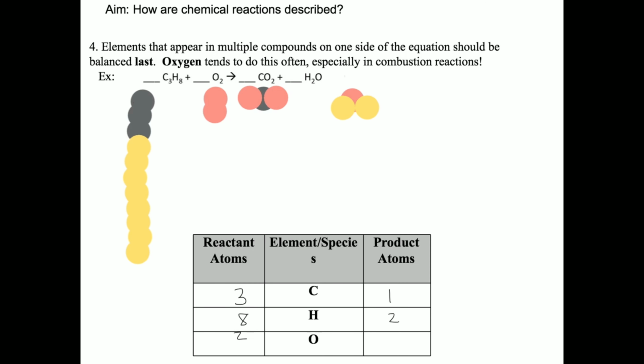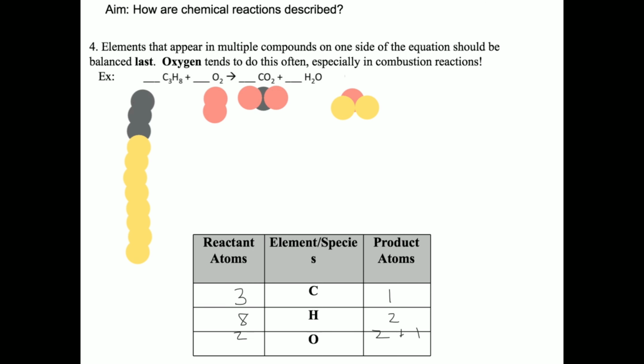So I'm going to write 2 plus 1 oxygen. I know that 2 plus 1 is 3, but it'll be easier to keep count if I keep my coefficients separate. So here we want to save the hydrogen and the oxygen for last.